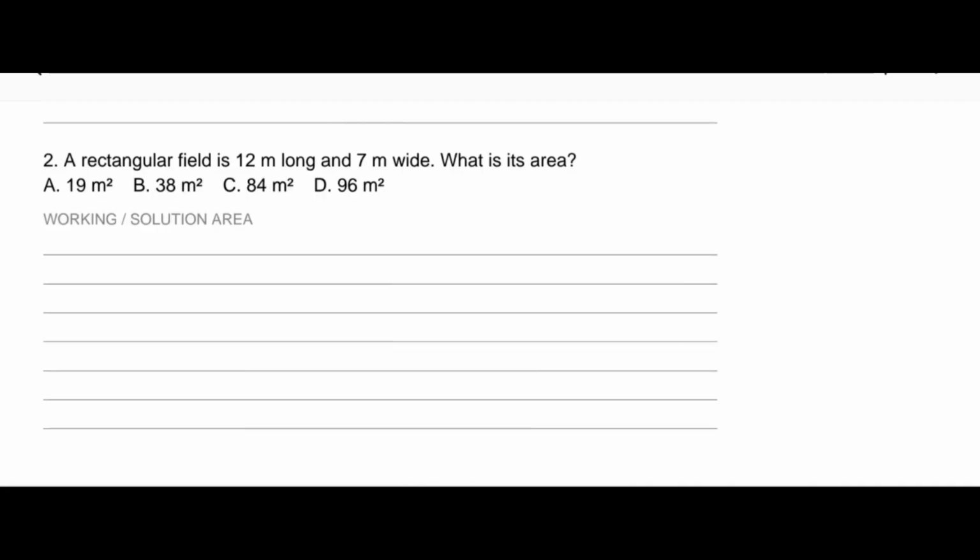Number 2. A rectangular field is 12 meters long and 7 meters wide. What is its area? We are being told that this is the rectangular field. This is how the rectangular field looks.